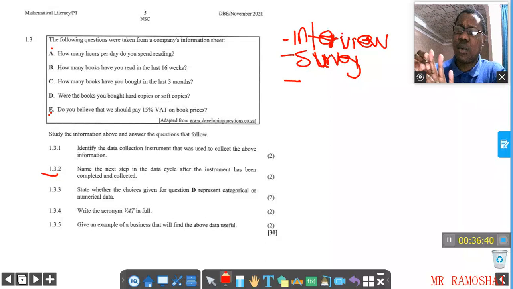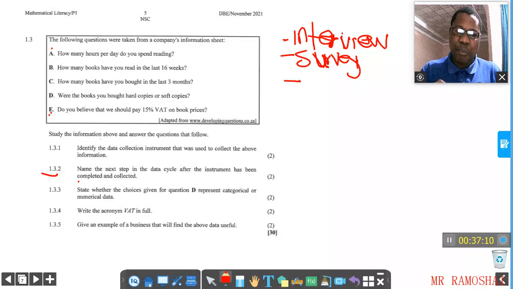After collecting the data, you classify and analyze the data. So let me go back. The question says name the next step in the data cycle after the instrument has been completed. It means after designing the questions and collecting the data, what do you do next? You classify and analyze the data.